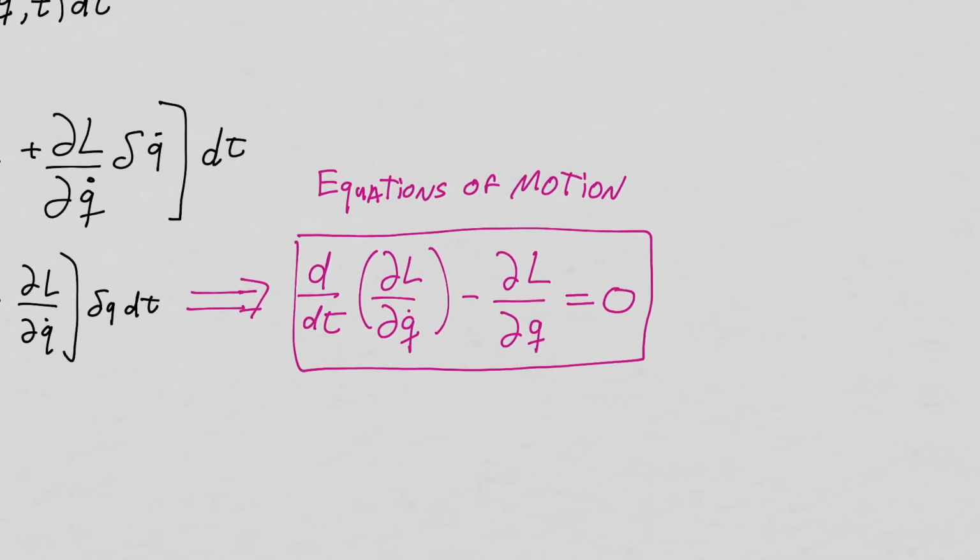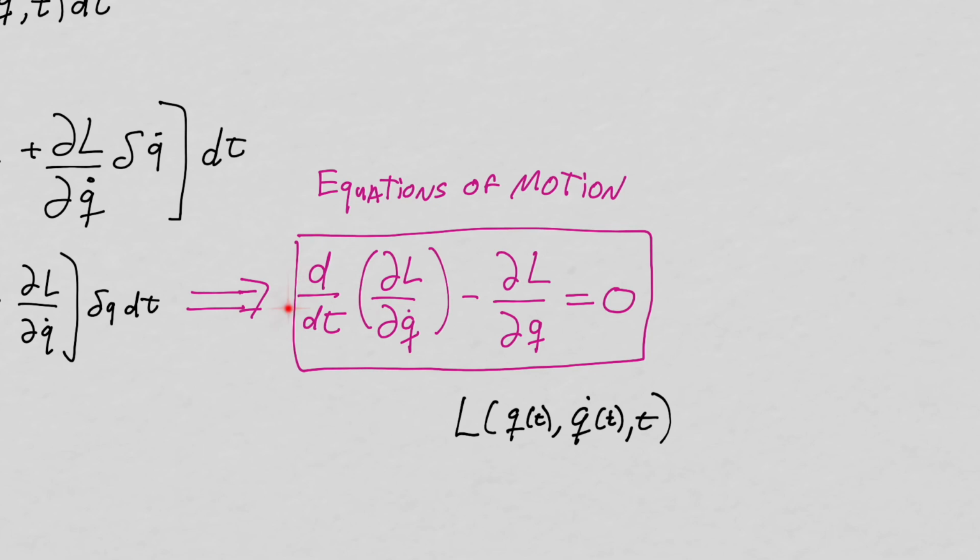And so when you look at this, you realize, well, L, don't forget, right? L is a function of q, which is a function of t, and q dot, which is a function of t, and perhaps t itself, right? So this derivative is just a derivative with respect to an independent variable q dot. This derivative is with respect to an independent variable q.